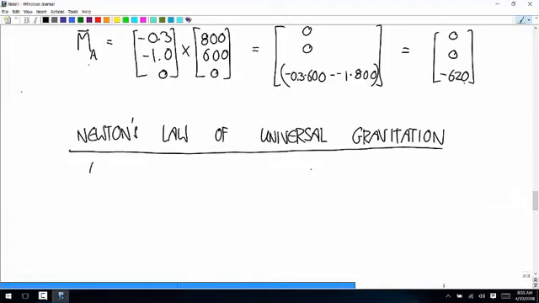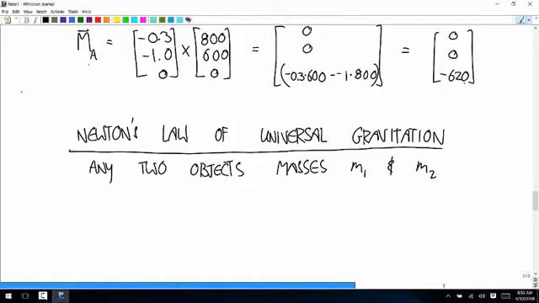If you have any two objects with masses m1 and m2, they exert equal and opposite gravitational force on each other.